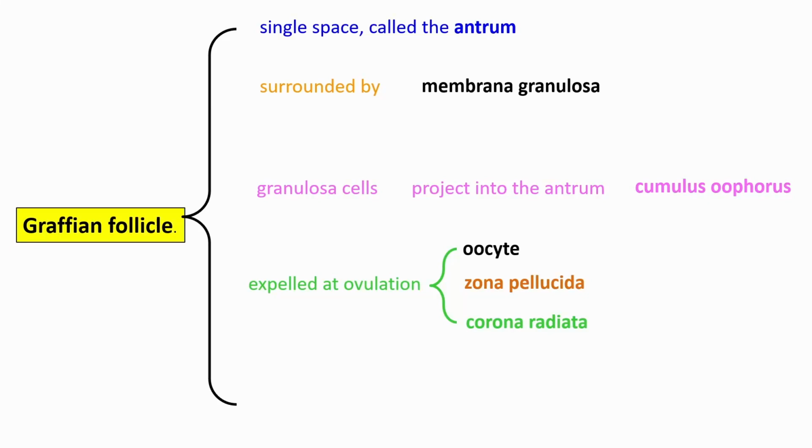So there are three structures expelled at the point of fertilization. The corona radiata, they are no more than follicular cells. At fertilization, meiosis II is being completed.